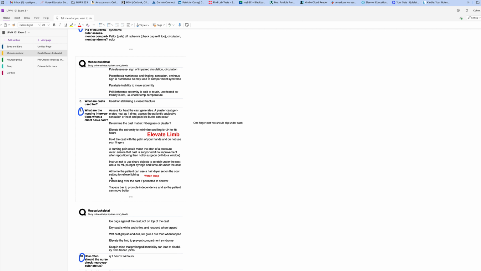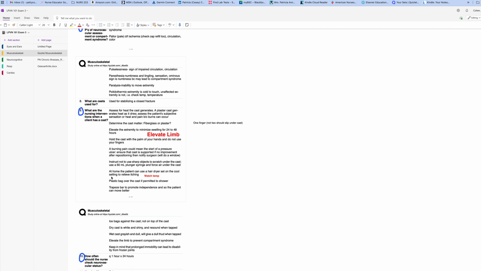Now, you need to assess for heat as the cast generates. So as the cast is drying, it generates heat, and you want to make sure your patient isn't going to get a burn, okay? Elevate the extremity to minimize swelling for 24 to 48 hours after.